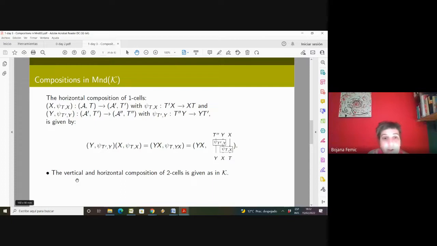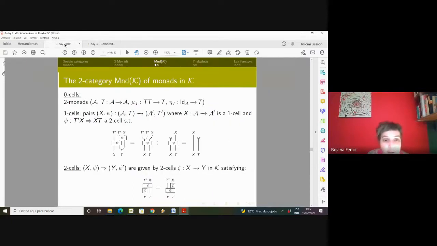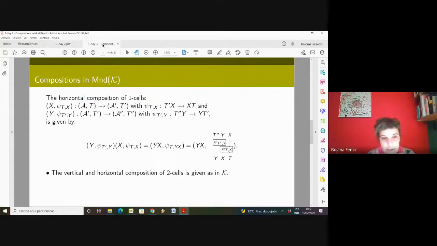And for vertical composition, it's even easier. If you look at this bottom axiom, then vertical composition in K will mean you put theta 1 and then theta 2 below, and they also satisfy the axiom.